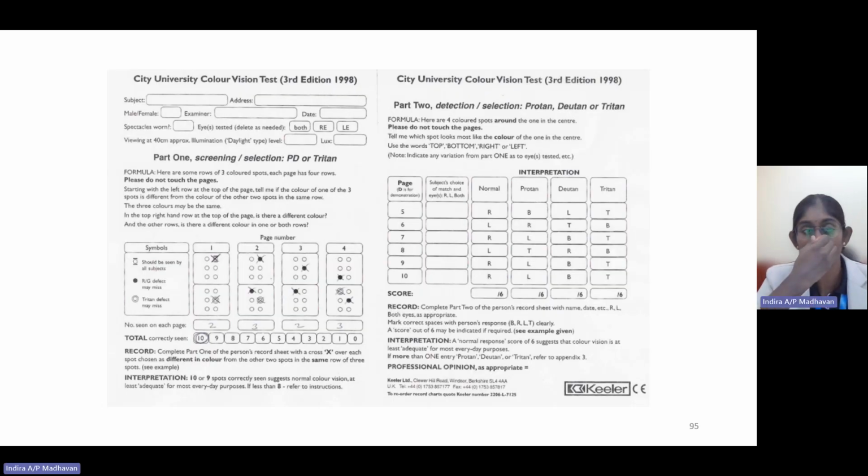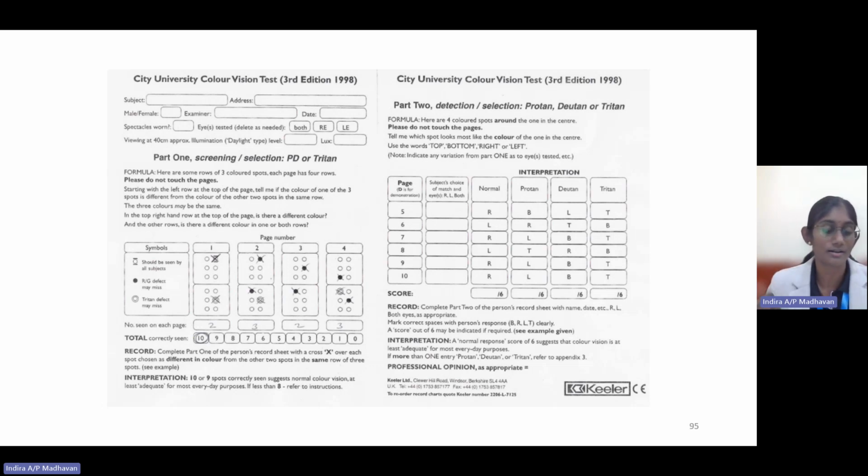And this is how the recording form looks like. What you have to do is, when the patient fills up, you just need to cross this, which I will explain in detail during the lab. So that is the last slide for the booklet diagnostic test or booklet screening tool for color vision deficiency.